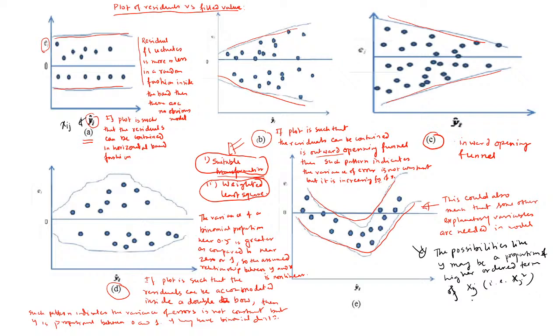Suppose your explanatory variable is x; if you use x1, then you should write x1 square and so on. In that way, from the residual plot of each explanatory variable, you get an idea whether y is directly related to xj or not. If not, what is the remedy? In that way we can build a model.